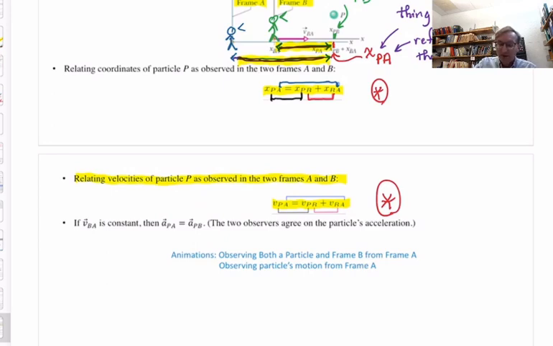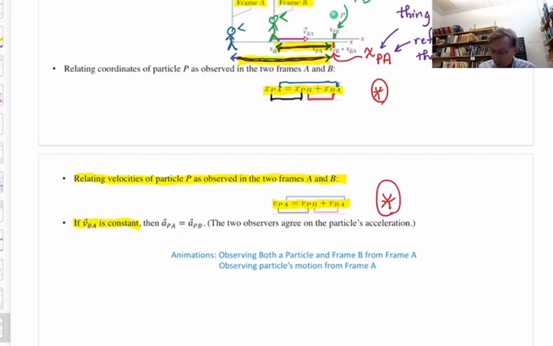And here something interesting happens that's different. First of all, in this chapter, we're going to assume that the velocity of the frames relative to each other is constant. Okay? The velocity of frame B as observed in frame A is not changing. If that's true, when I take the time derivative of the second star equation, when I take the derivative of the vBA, I'm taking the derivative of a constant.